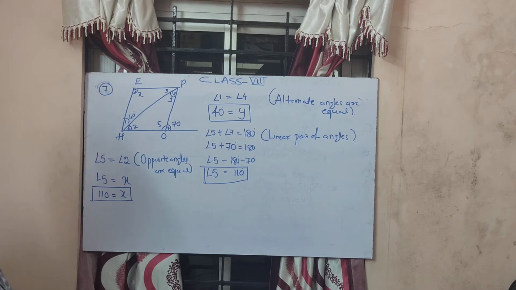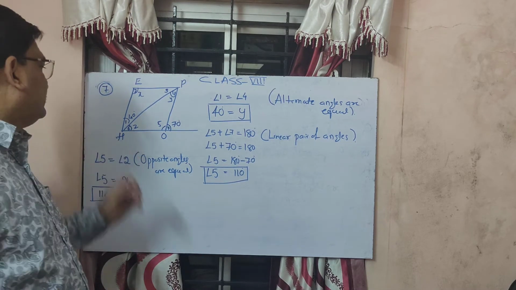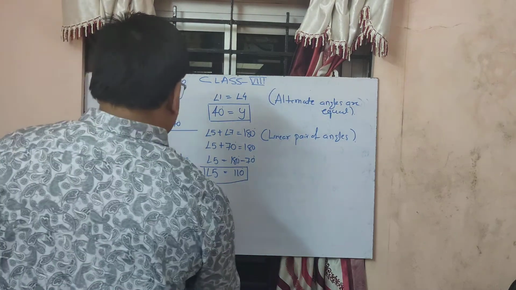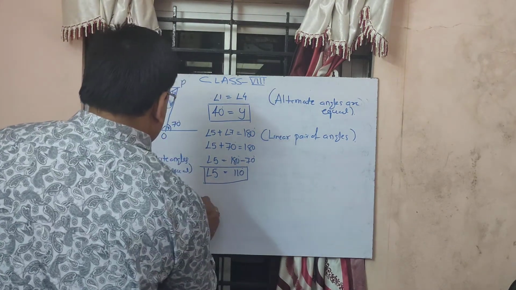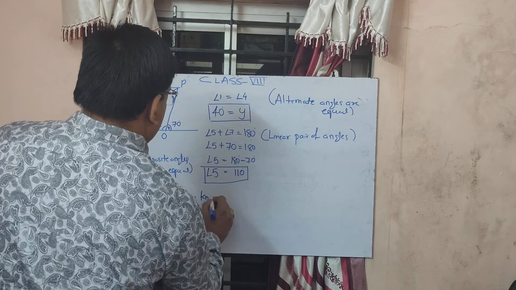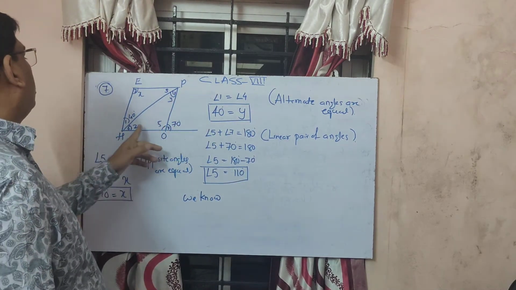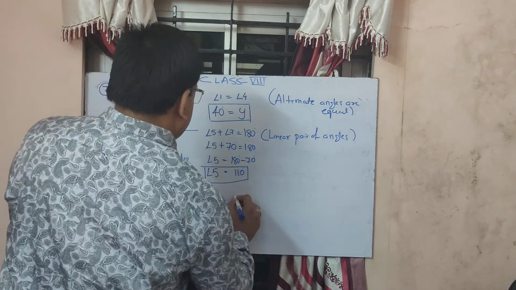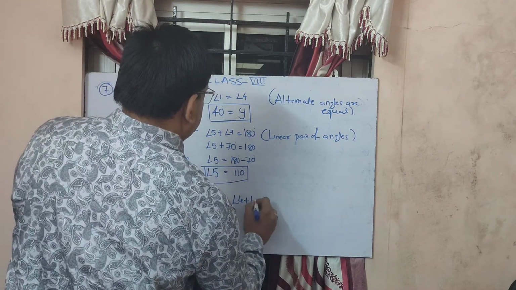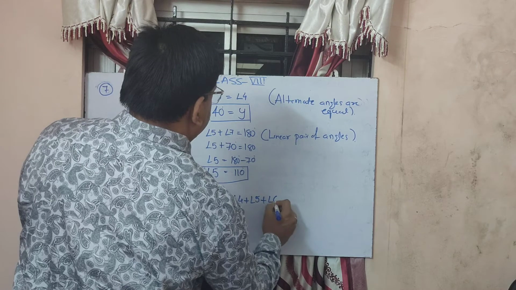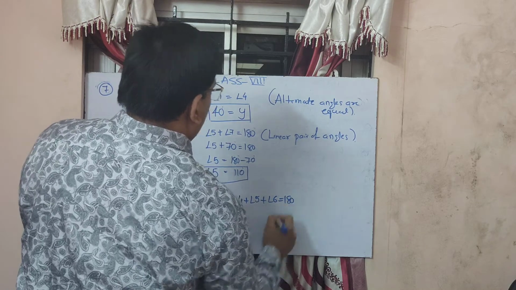We got y. Now we need to find angle z. We know angle 4 plus angle 5 plus angle 6 is equal to 180. Why?